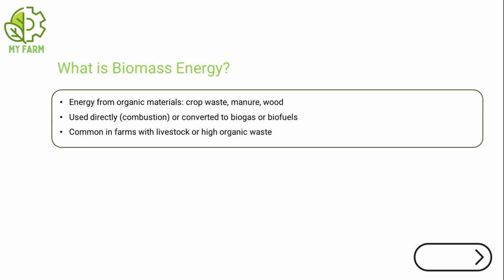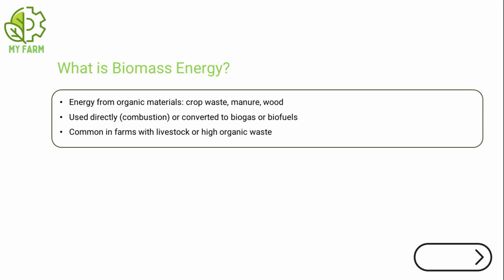Through anaerobic digestion, animal manure and organic waste can be transformed into biogas, a methane-rich fuel that powers engines, generates electricity, or provides heat. And through chemical conversion, certain plant materials and oils can be refined into liquid biofuels, such as ethanol and biodiesel, suitable for tractors, generators, and transport vehicles.